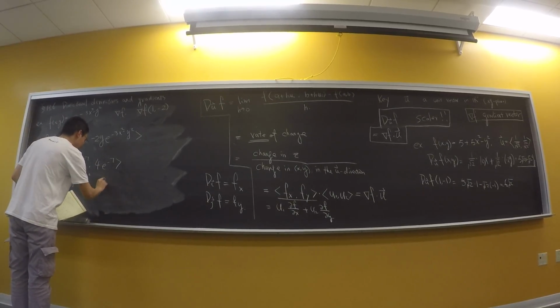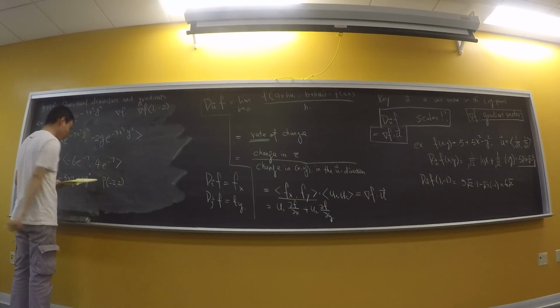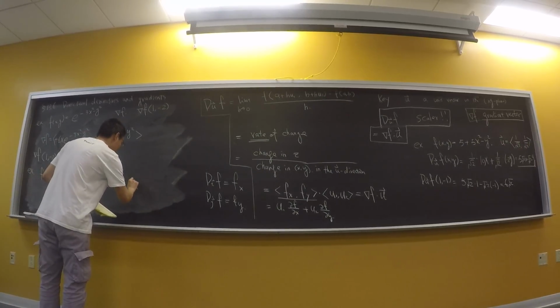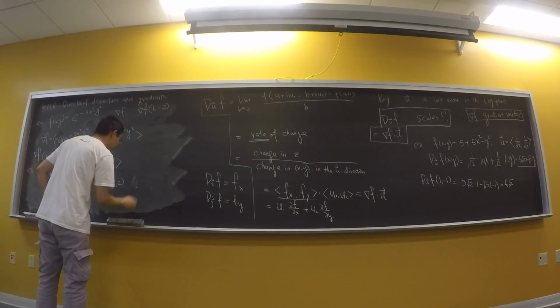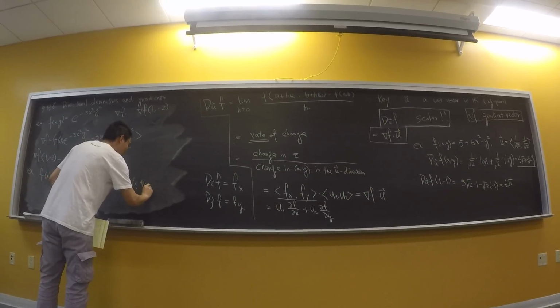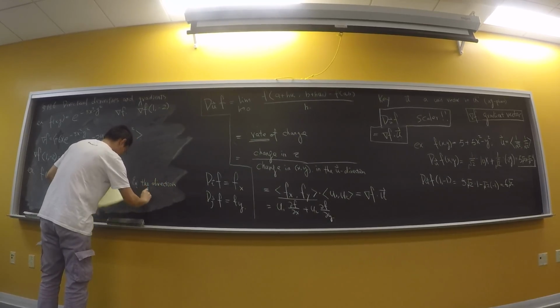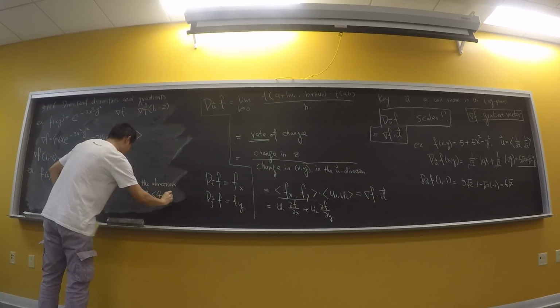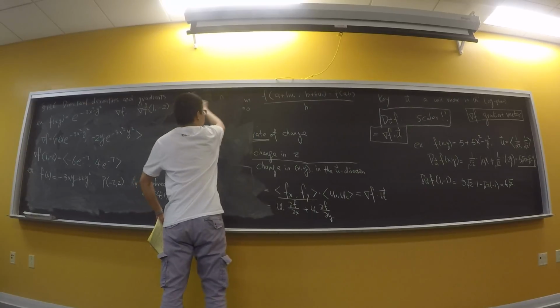I want to evaluate the directional derivative at this point with the direction in the direction of (4, 1). Okay, this is what I want to compute.